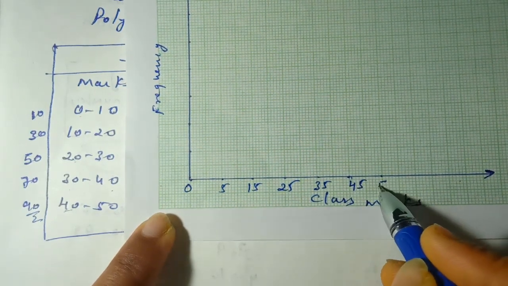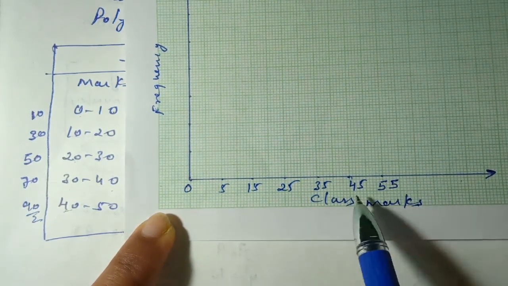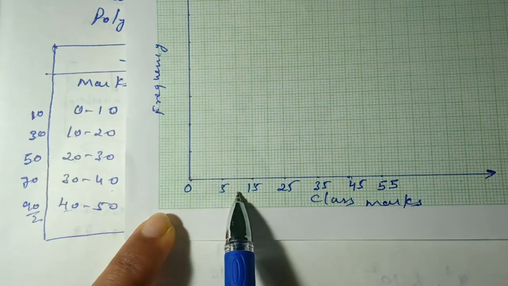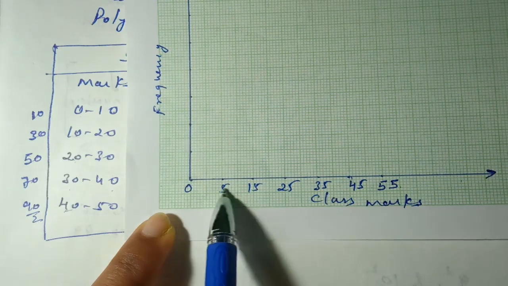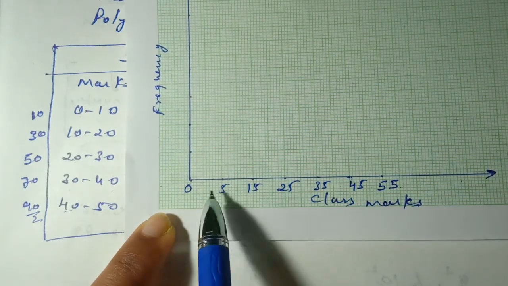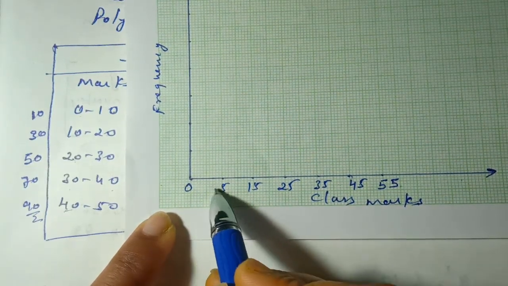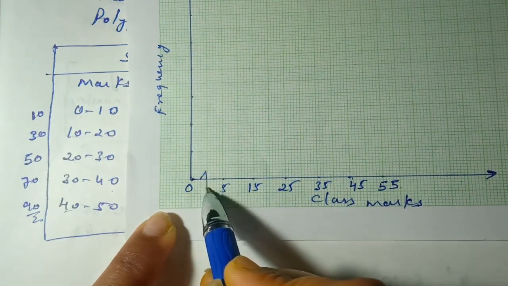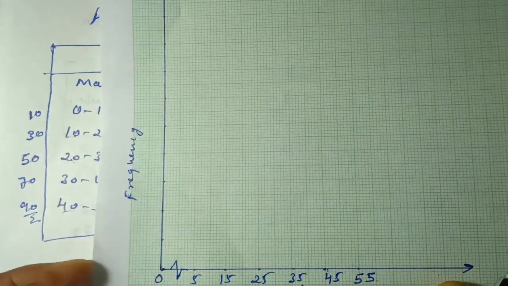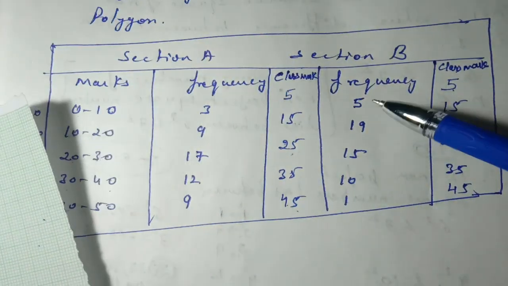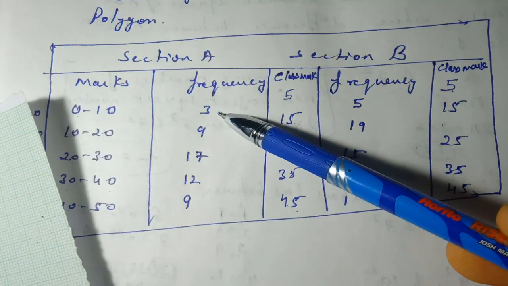One more point we are marking is 55, because there is a difference of 10 between each, while in the starting we have a difference of 5. So what we have to draw is the kink, the zigzag shape.